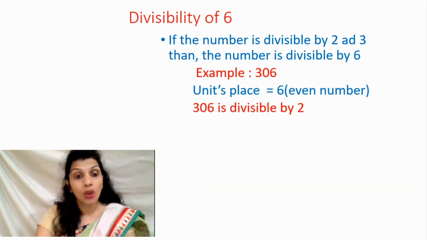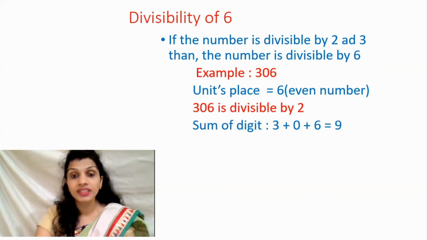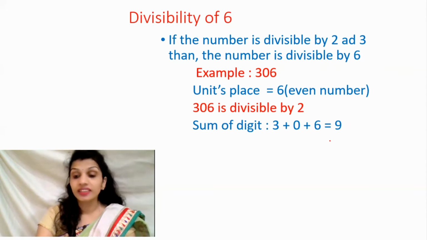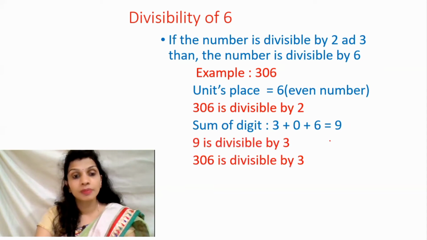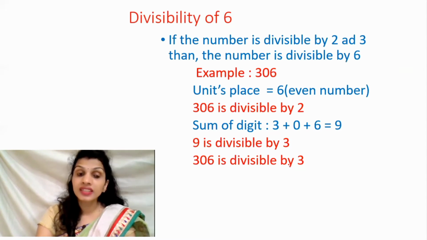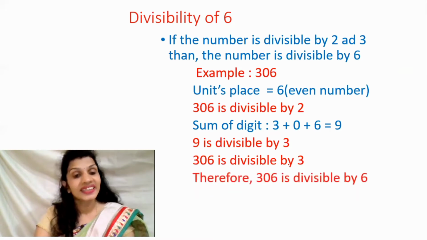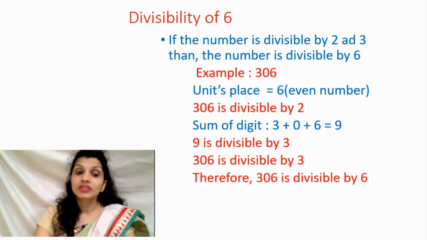So I am going to add all 3 digits in 306. 3 plus 0 plus 6. So what is the sum? 9. And you know that 9 is divisible by 3. So we can say that 306 is divisible by 3. Now see here, this 306 is divisible by both 2 and 3. So we can say that 306 is also divisible by 6. Yeah. So it was about the divisibility of 6.